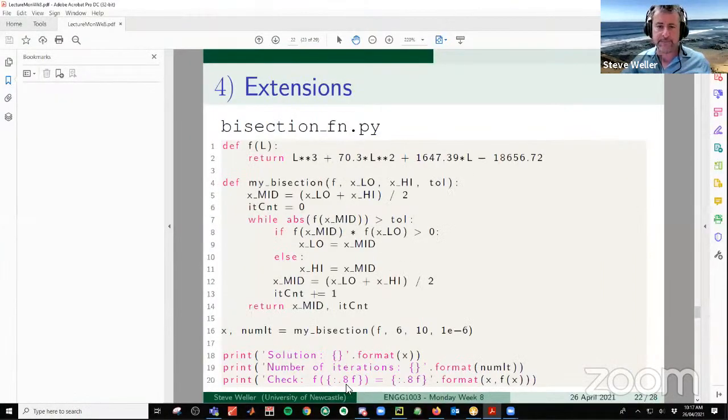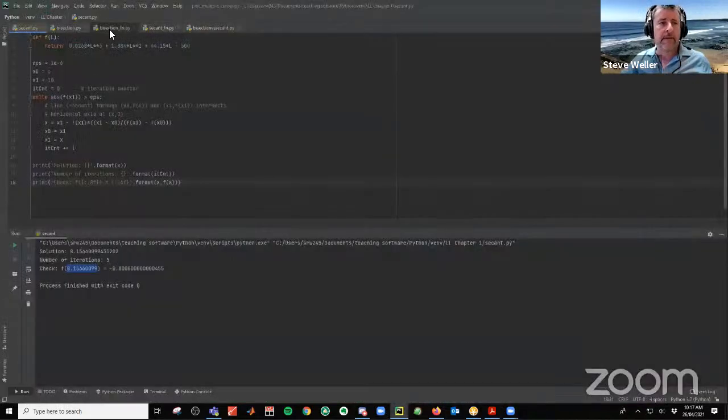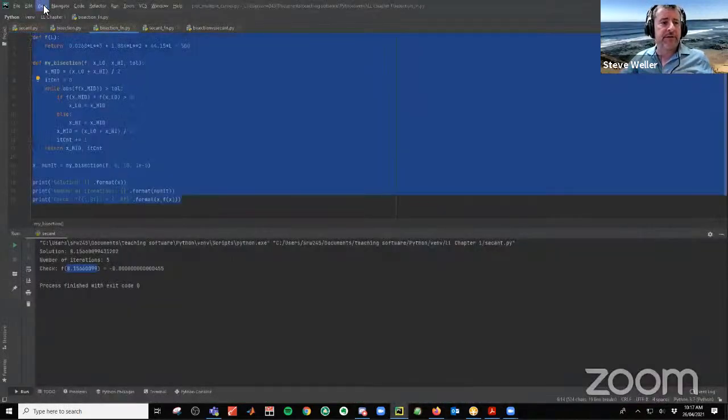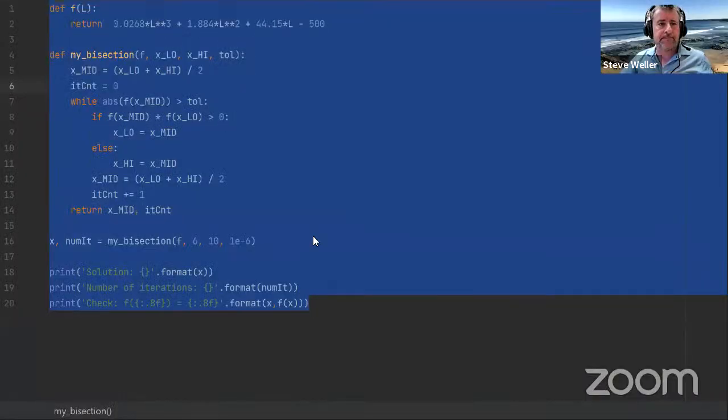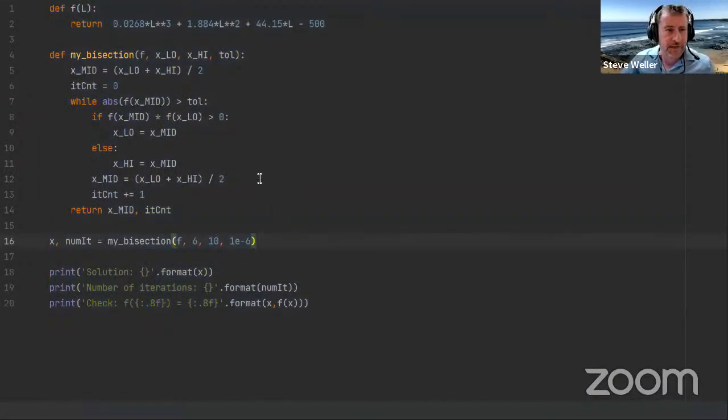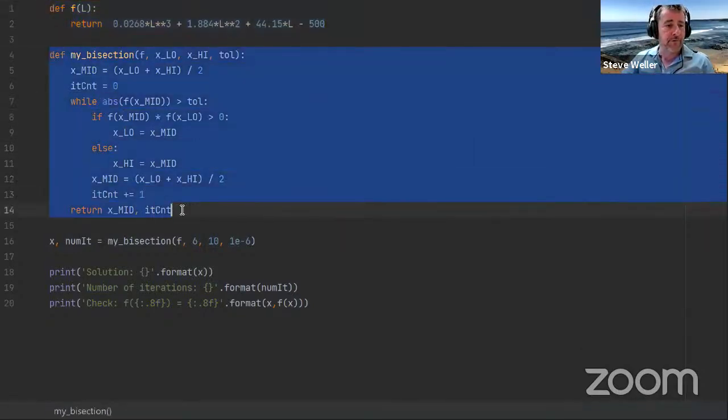So let's run it now. Bisection function. Here it is. Let's just check. It's the same code. We define 2 functions. One is the function we're trying to find the solution of. In lines 4 through 14, we define the bisection code itself.